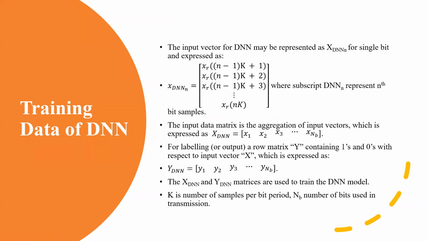So we have a matrix of size k cross nb, and with respect to this we have another row vector which contains nothing but binary 1 and 0, which is used as a label for the supervised training, and it represents whether these k samples represent binary 1 or 0.